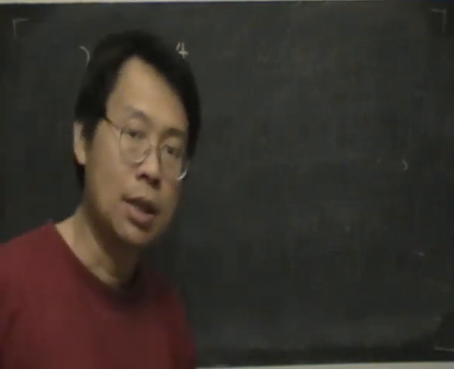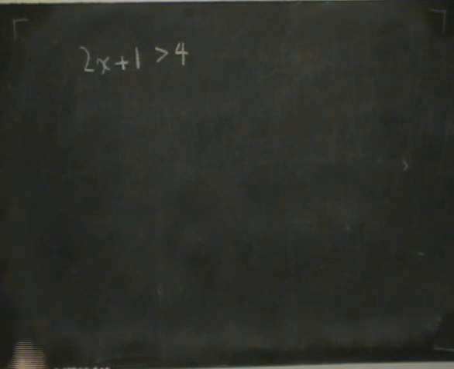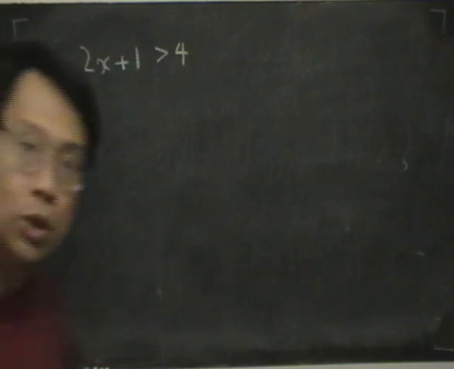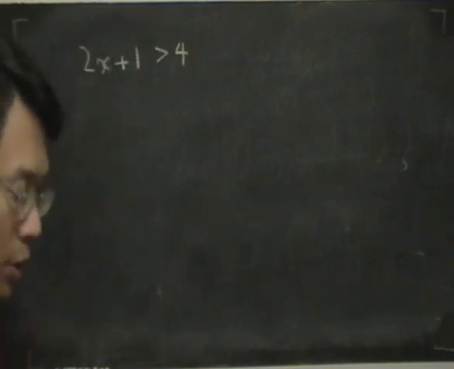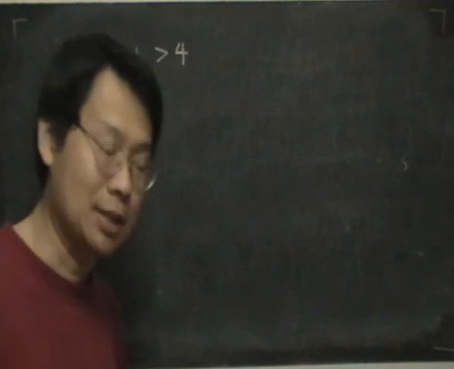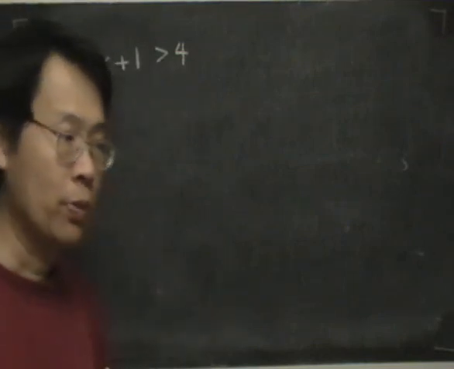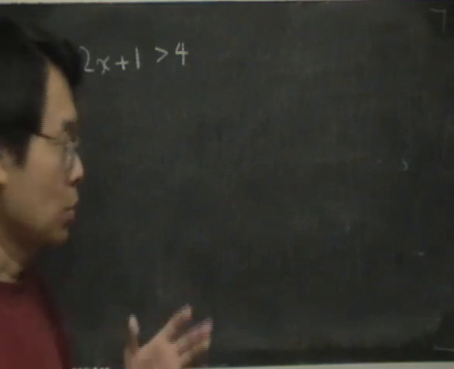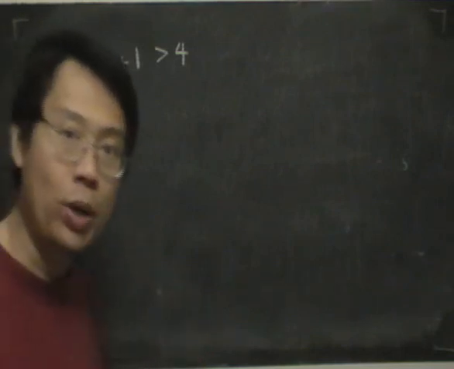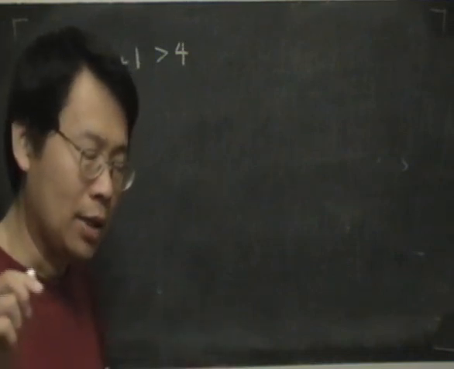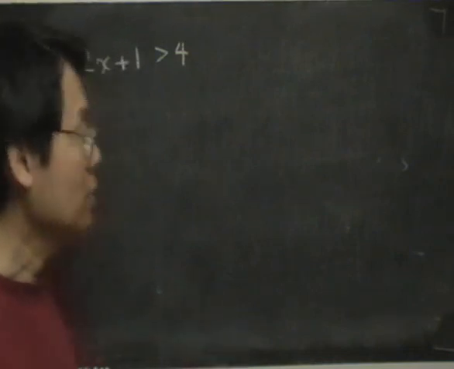Let's look at this example. Okay, the problem here is to solve this inequality. Now, if you remember from the last session, when we solve an inequality, we can do it in a similar way, using the same way as solving an equation.